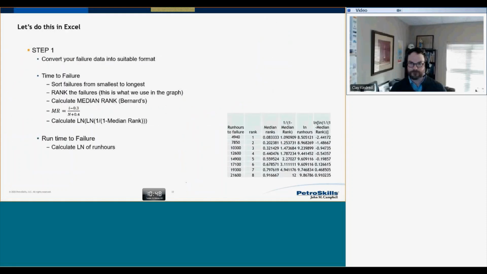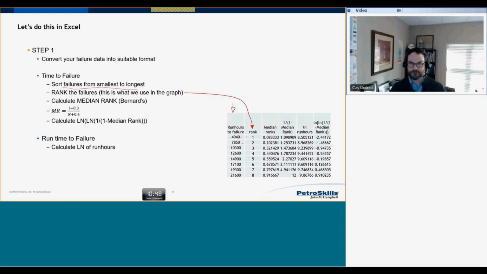Okay, so now let's do this in Excel. What we're going to do is convert the failure data into a suitable format. The first thing we do is sort the failures from the smallest to the largest. That's this guy. So it's just sorting, doesn't matter. Then what we do is we rank this. So this is just a simple method. We just say, what is the item number of this?